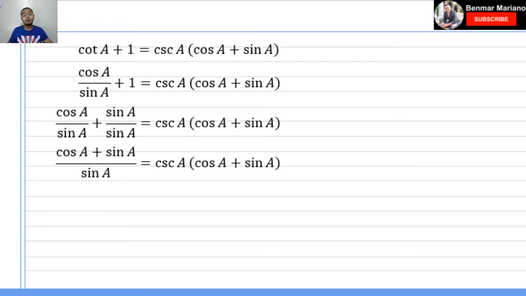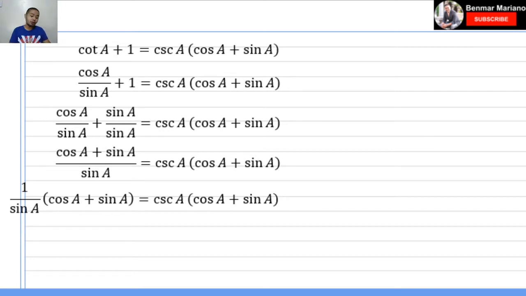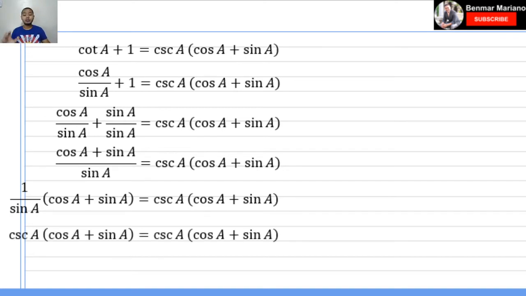So it will become 1 over sine A times cosine A plus sine A. Next is that we know by applying reciprocal identities that 1 over sine A is equivalent to cosecant A. As you can see now, the one on the left side is the same with the one on the right side of the equation.